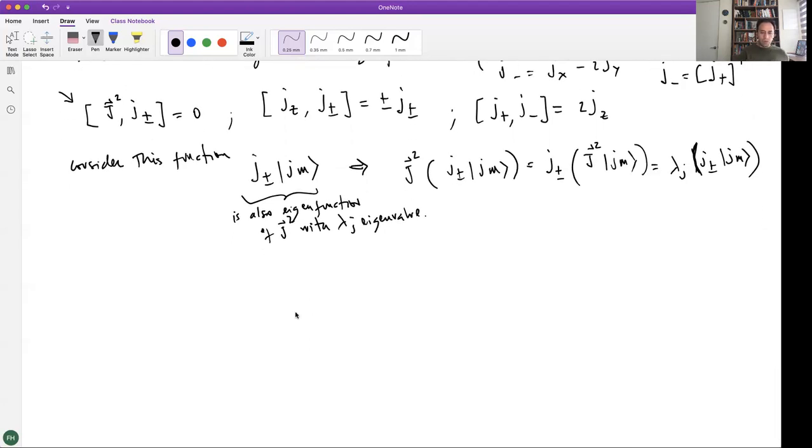Now, we also have this relation. Consider now this relation: how does Jz act on this state that we're proposing, J plus-minus on |j m>? Here we're going to use this other commutation relation and write this in a different way.